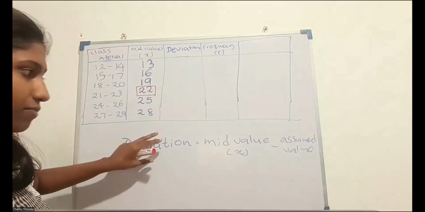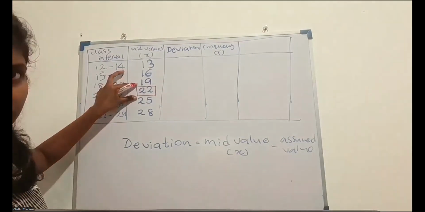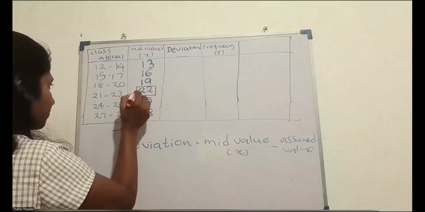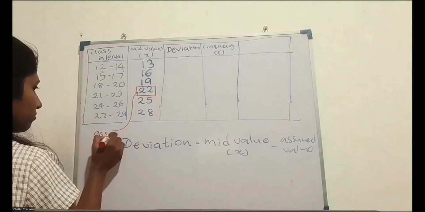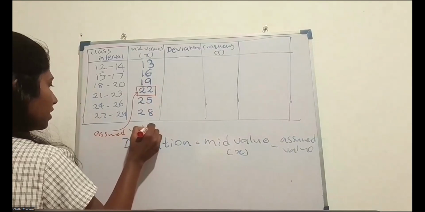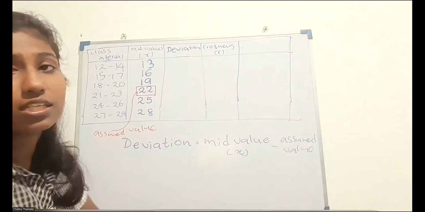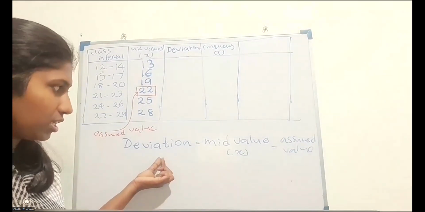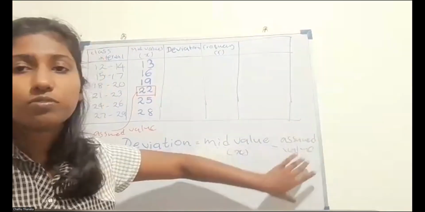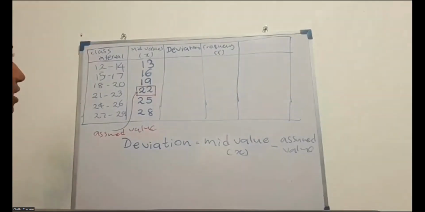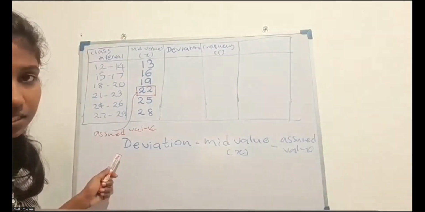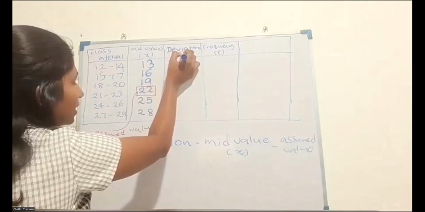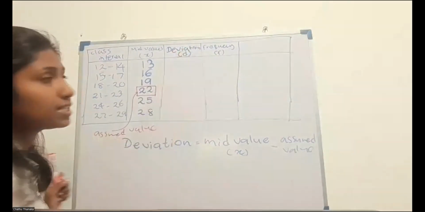So this is the mid value column and this is the assumed value. To obtain the deviation column, you have to follow this equation: deviation equals mid value minus assumed value. For deviation, the first letter is D, so you can name this column by the simple letter D.